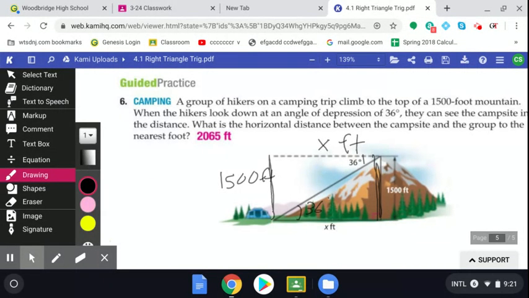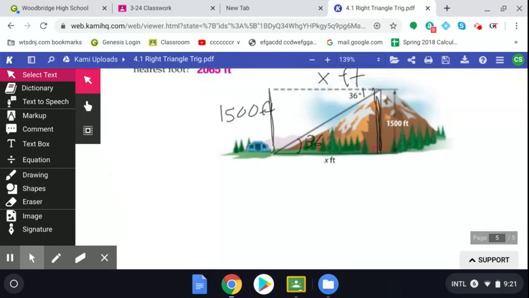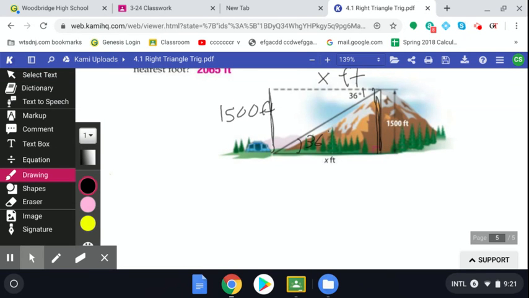So at this point, it's just a matter of setting up the trig equation. That's the angle, this is opposite to the angle across. This is a right angle, and the x is adjacent.